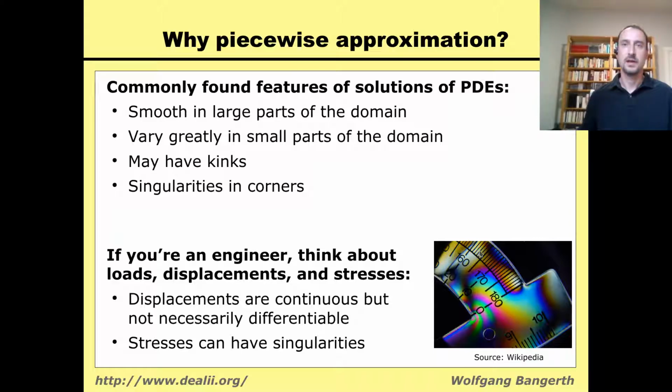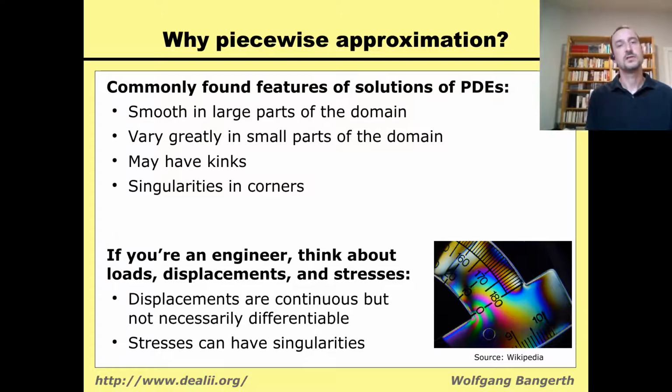that has been deformed, and so these interference patterns that you see here give us an indication of the stress, and you see that there is a stress singularity here just because you can see how these bands become more and more narrow. So stresses typically have singularities. That's the place, of course, where cracks form.